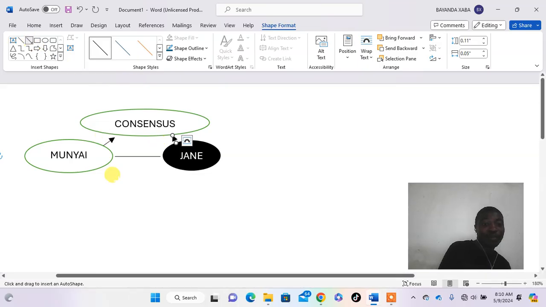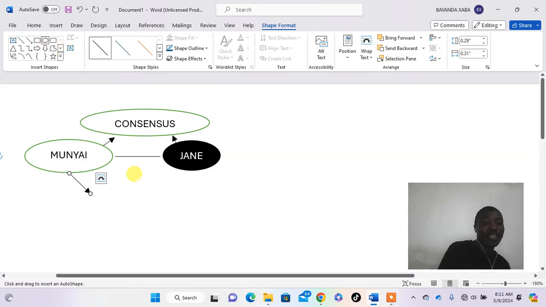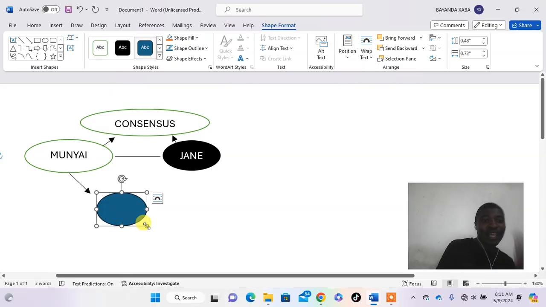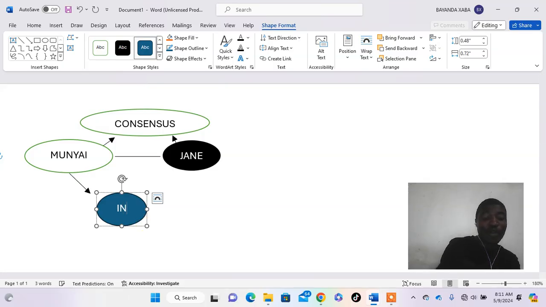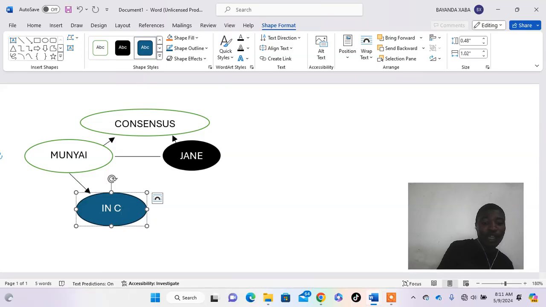Now here is the story. Munyai thinks that he's getting married in community of property.